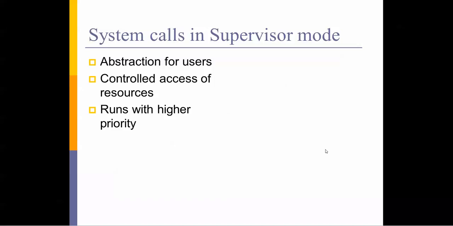For example, the operating system should decide how to create and allocate resources to a process, or how to switch between processes for multitasking. When a user makes a system call, the process runs in supervisor mode with higher priority, so that certain features not allowed in user mode are only allowed in supervisor mode.